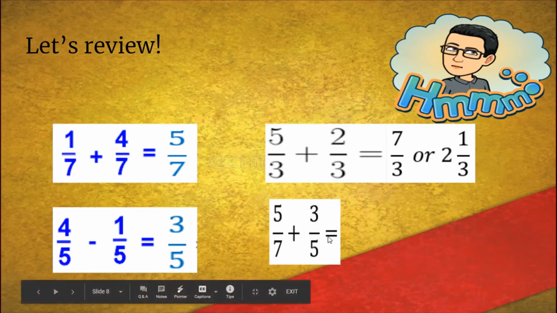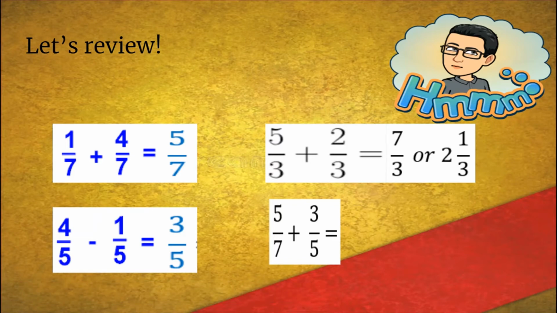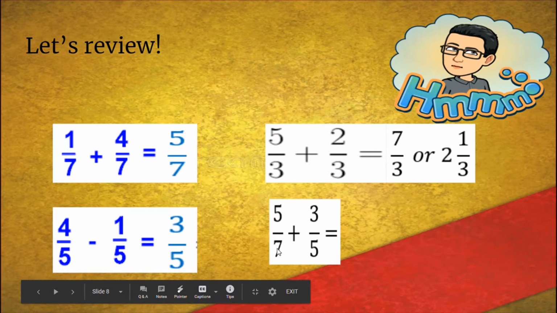Okay, now let's proceed to the next one. For this one, we have dissimilar fractions, or we have different denominators. If we have different denominators, the first thing we need to keep in mind is that we need to find their LCD. So what do you think the LCD of 7 and 5 is?